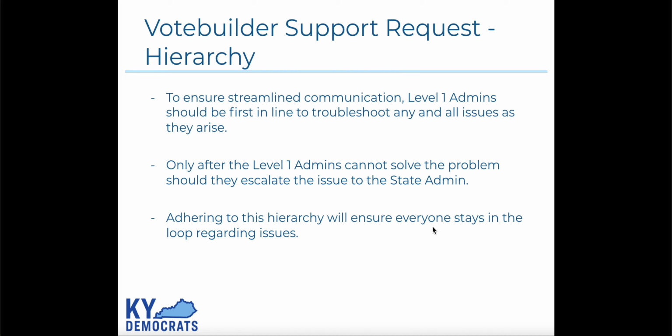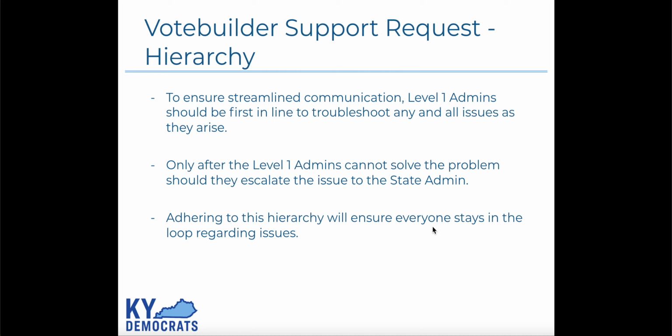So like if they can't print a phone bank list or turf, and it's something that's very, very simple, the level 1 admin user needs to be the very first person to troubleshoot that and needs to be taking those things from folks that are levels 2 through 7.